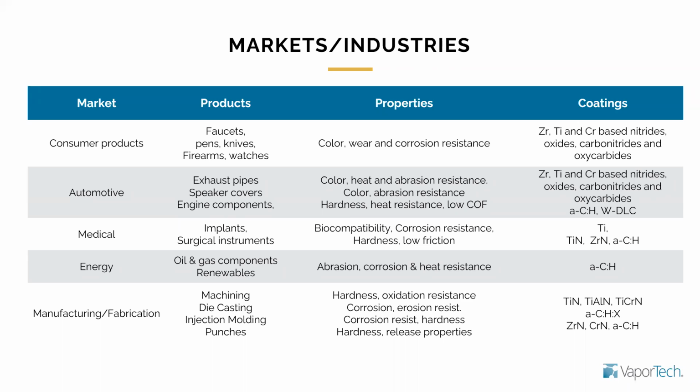In the medical field, you have implants and surgical instruments, two different applications, put it that way. Both of them have to be biocompatible in the sense that they do not harm the tissues they're going to be in contact with. But in the case of implants, you're really not too concerned about the cosmetic appearance.